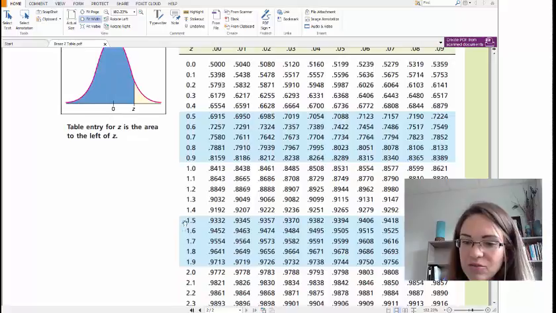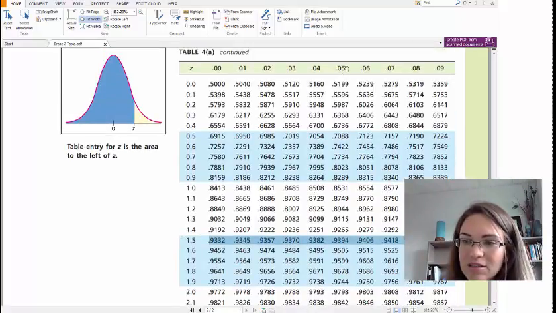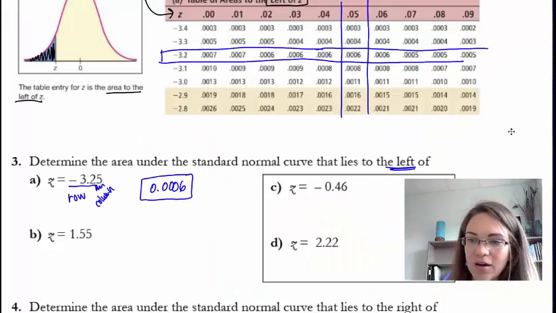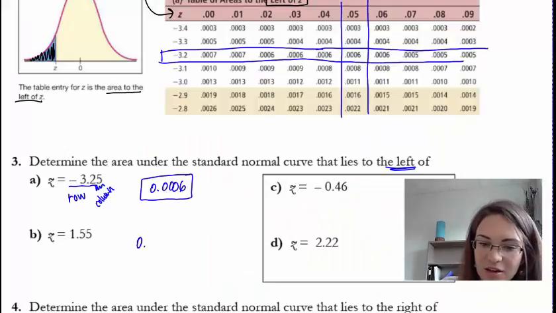We want this row, 1.5, and we want a hundredths place of 0.05 as well. That makes 1.55, so I'll find the intersection of those two, and I get 0.9394 for the area to the left of 1.55.